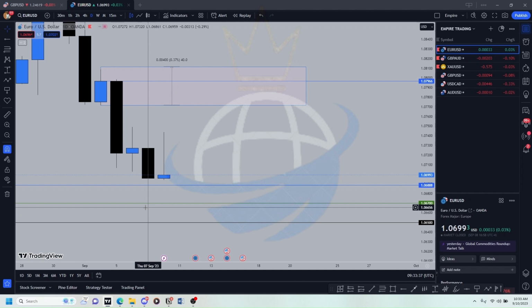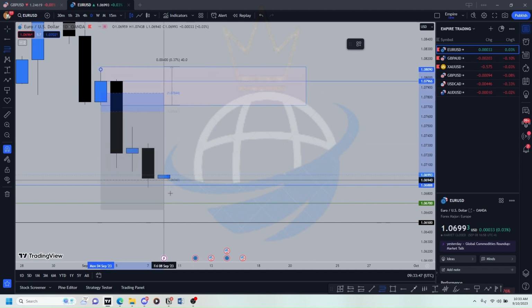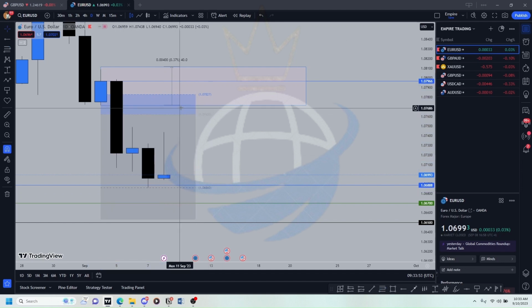So the function of Fibonacci is measuring retracements, right? When we take the Fibonacci from the high to the low, before price pulls back to that area, we are going to be focused on taking trades from the 0.618 to 0.86 region. If you don't want to memorize that, just the blue region is where we are interested.